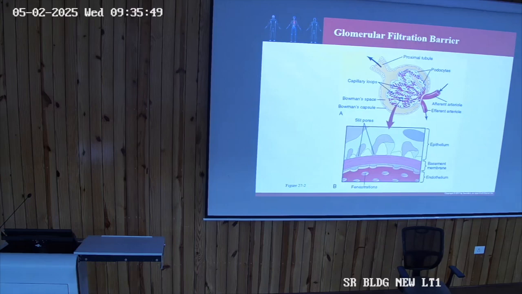Then comes the epithelium lining of the Bowman's capsule, that is the visceral layer. It is formed of the podocytes, and the foot processes of the podocytes are known as pedicels, and these pedicels have slits or small spaces that will only allow 5 to 10 nanometer dimensions.